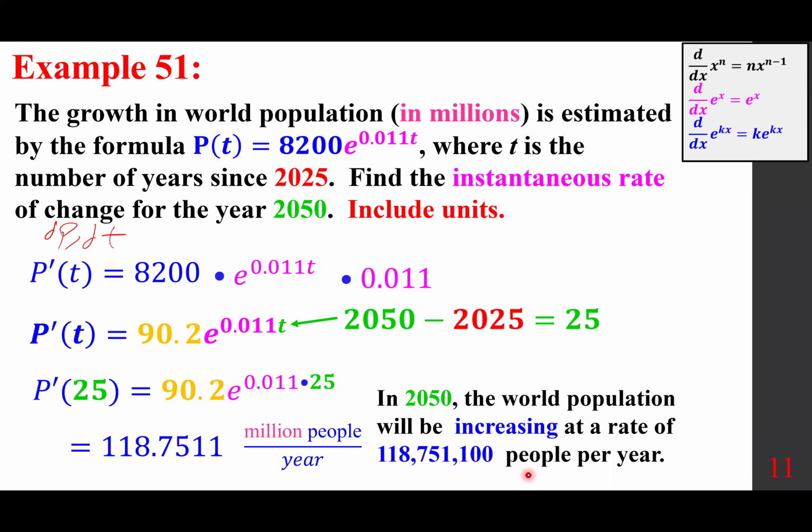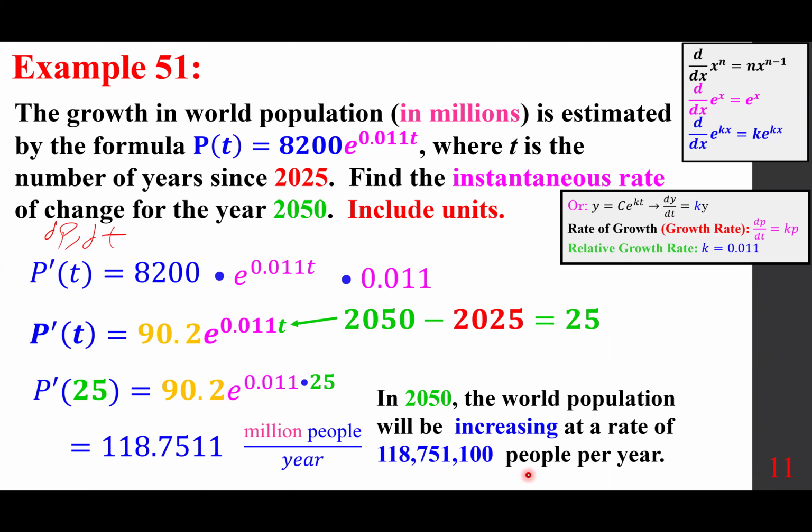As far as a slightly different method to evaluate this class, remember y equals c e to the power of kt, dy/dt is ky, rate of growth is dP/dt, and relative growth rate is k, which is from here 0.011. So we should know those numbers. And so we are interested in finding a P prime of 25. So according to this concept, it's simply dP/dt is kP.